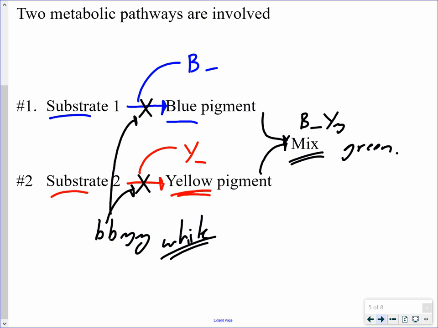So again, this is polygenic because we have two different genes, just calling them the B gene and the Y gene, that are both contributing to the same thing, and that is the bird color.